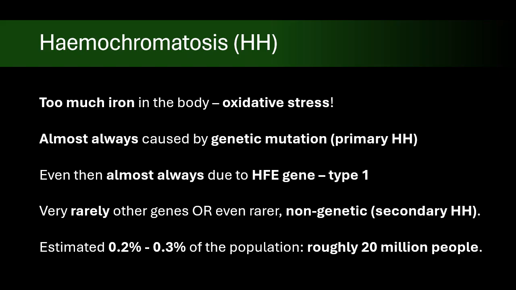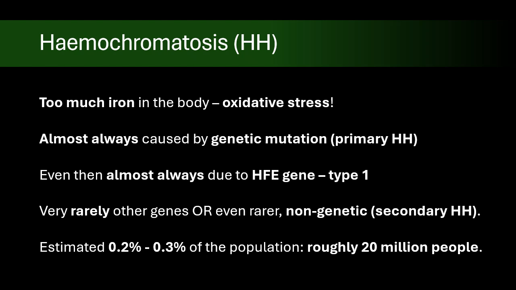Haemochromatosis is usually diagnosed through blood serum levels, and a more than 45% saturation of iron on your transferrin, that is the protein that can transport iron, is said to be too much, too high.